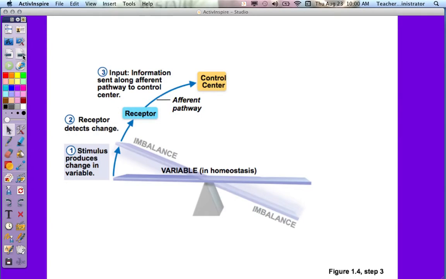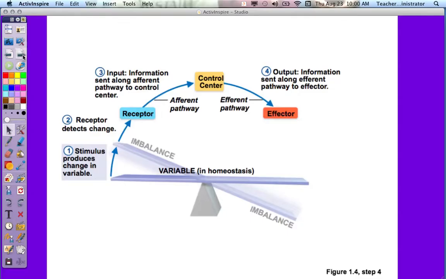The receptor detects the change and it sends the information to the control center along what's called the afferent pathway. The control center is your brain. So if you're going outside and it's really bright outside, your eyes are going to sense that really bright light and they're going to send a message to the brain about that bright light.